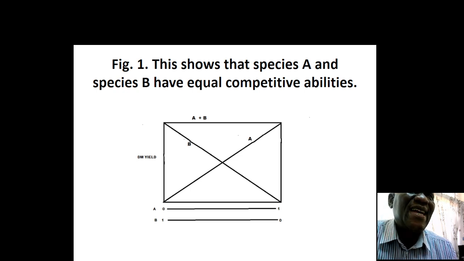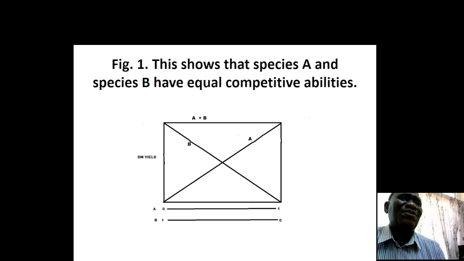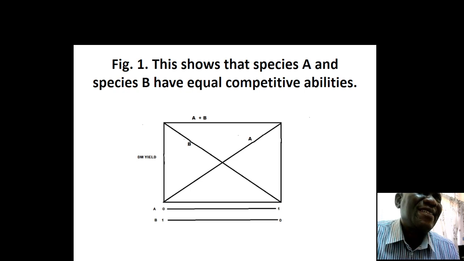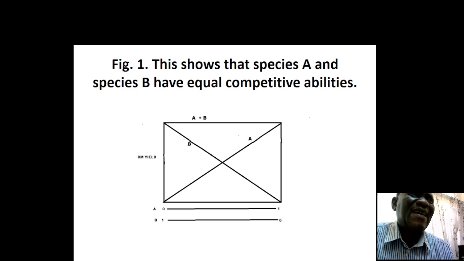now on the x-axis, on the bottom, where you have got a mixture of A and B, you can have A increasing from 0 up to 1, it could be up to 100. B can start from 100 or 1, decreasing to 0. Then on the y-axis, you have got your dry matter. Now let us start with A on that diagram.